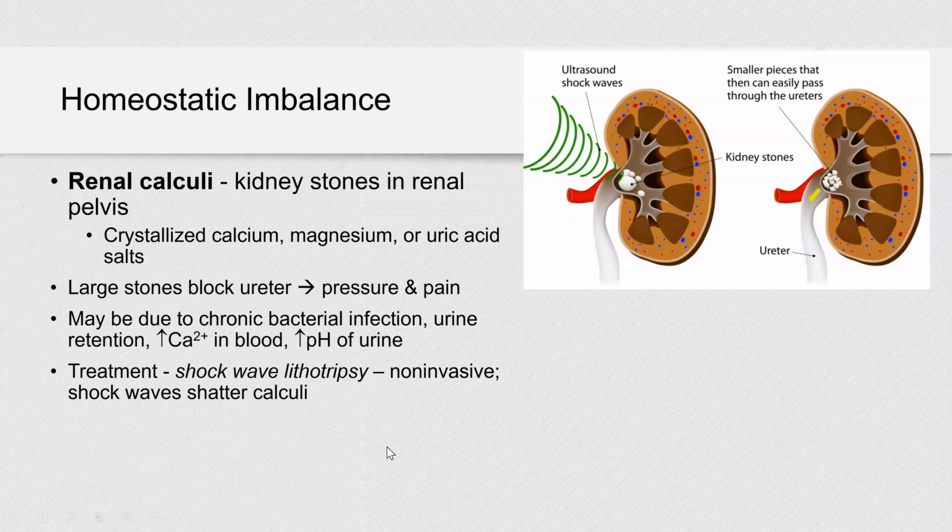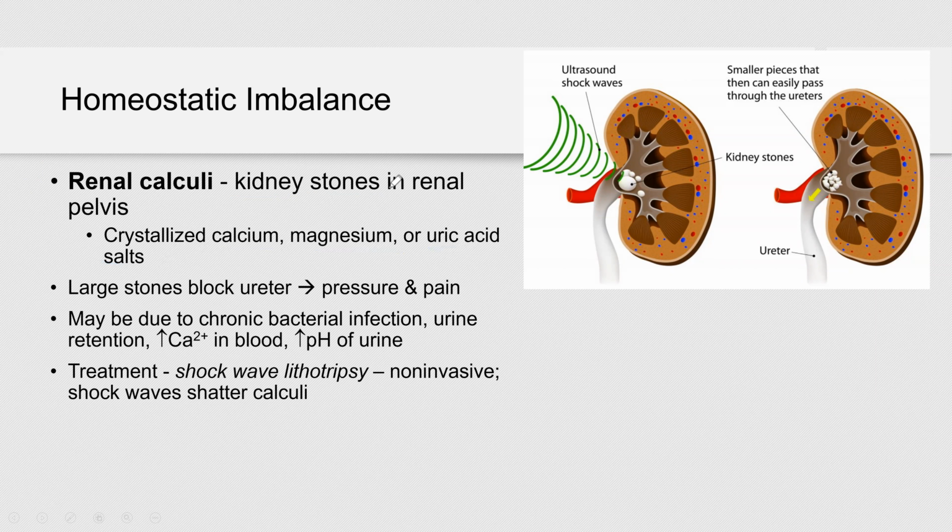Now, a little bit about homeostatic imbalances. Renal calculi is what we call kidney stones. This is excess crystallization of calcium, magnesium, and uric acid salts.